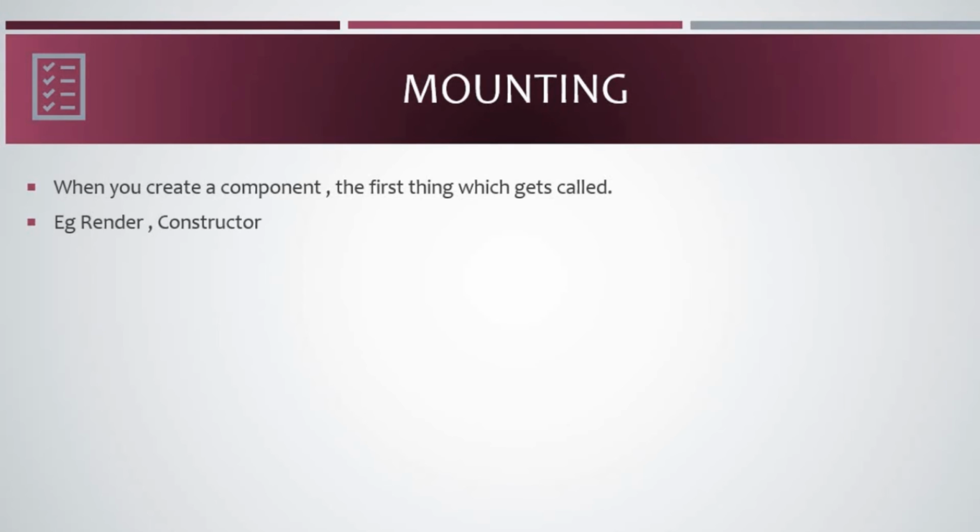But if you want to change the value of state within the constructor, you can go ahead and do it, because that can override the state value and it would change the values. You don't have to use set state if you are doing it inside the constructor.